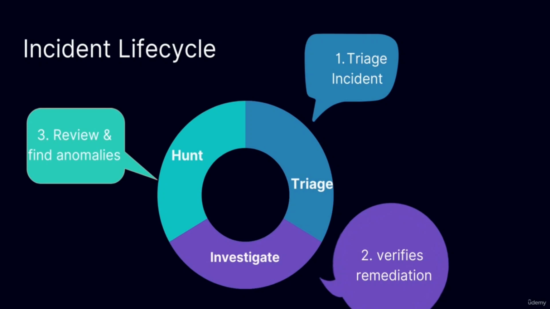The last one is hunt, and hunt can also be a post-mortem type of action. In this stage, the security analyst or engineers will be reviewing the closed incident to see if there are multiple incidents with the same type of attack and the same type of commonalities. That is where they can find some anomaly that is lurking around your environment.